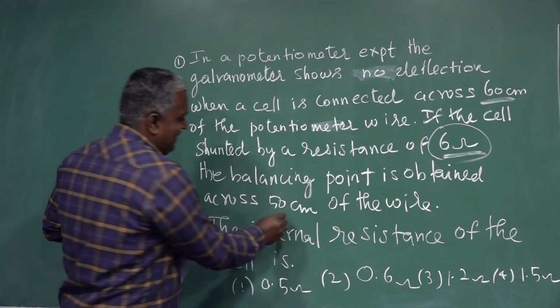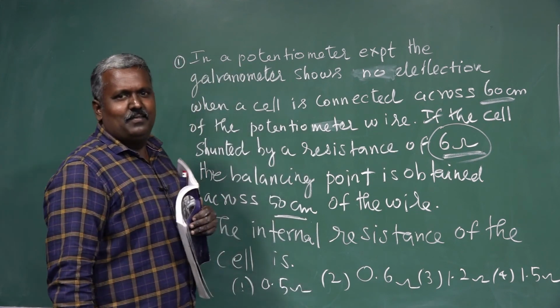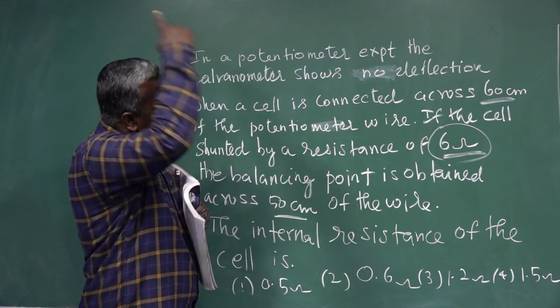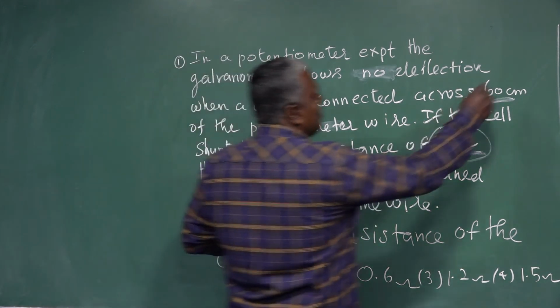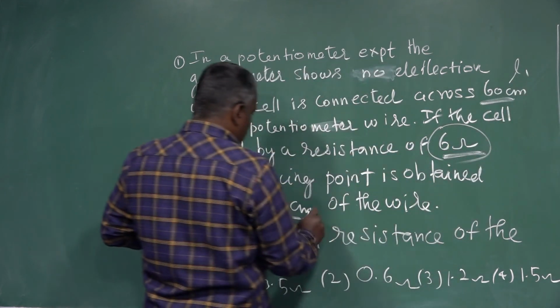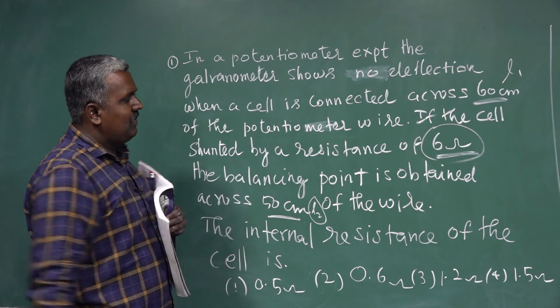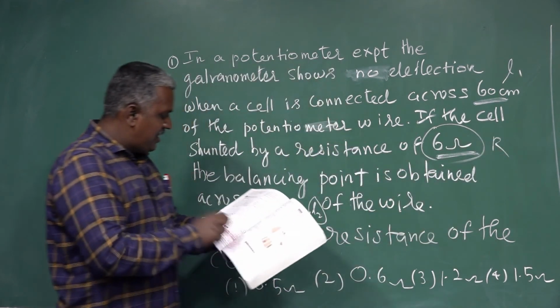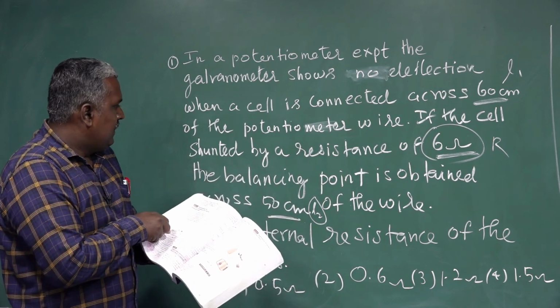So what is this, L1 or L2? Very good, L1, because comparing 60 and 50, L1 is the biggest value. So L1 is 60, L2 is 50, and caps R is 6 ohm. Shunted means across, in parallel.